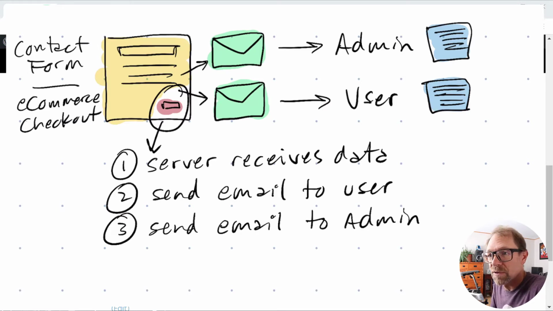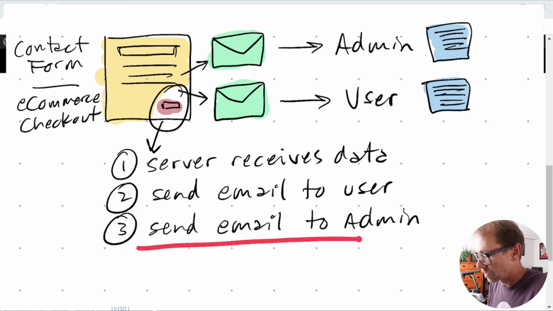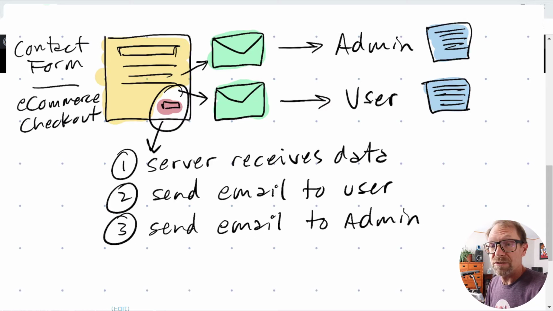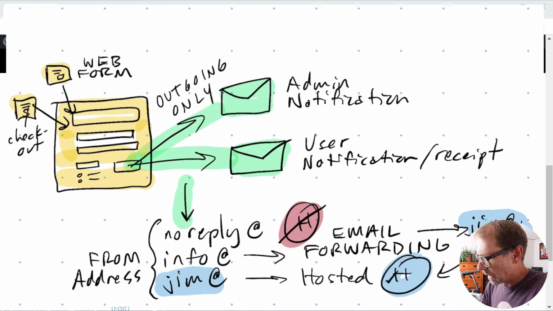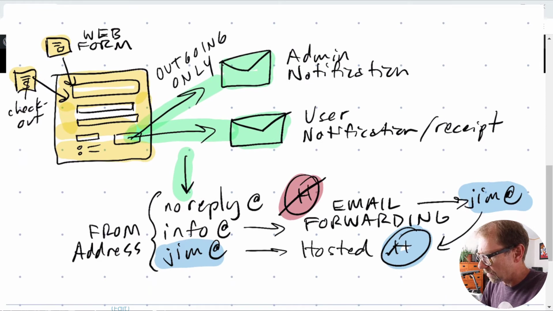Or if it's a receipt for a purchase, it might be some information about that purchase, a download link, or some shipping information, something like that. And then a third activity that may happen is that a second email goes out to the administrator of the website.